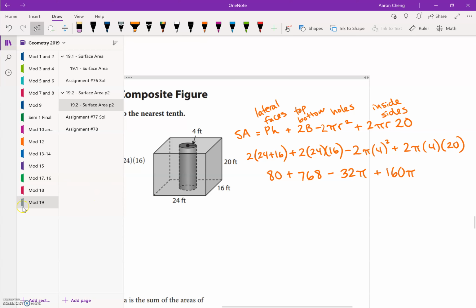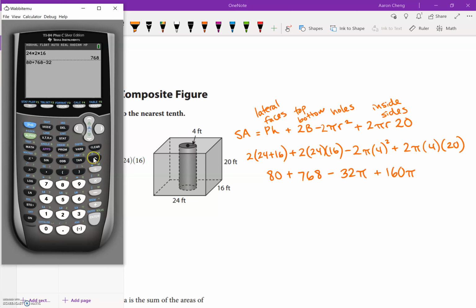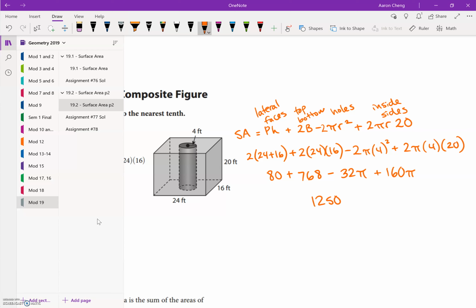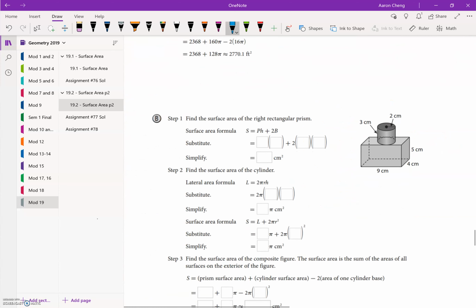All right, let's just go ahead and put that whole thing into our calculator. We have 80 plus 768, minus 32 pi, plus 160 pi. And we'll get a total surface area of 1250.1 feet squared. All right, and that's what we should do approximately through each of these.